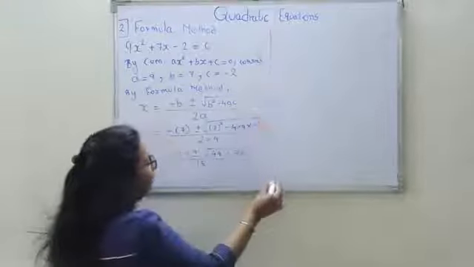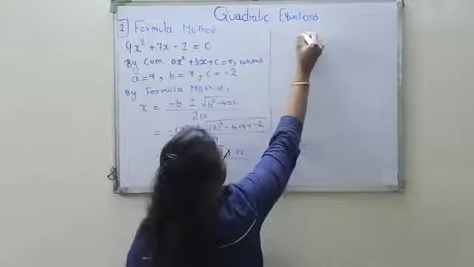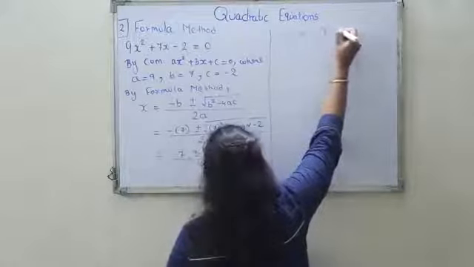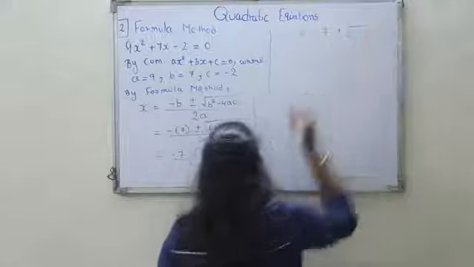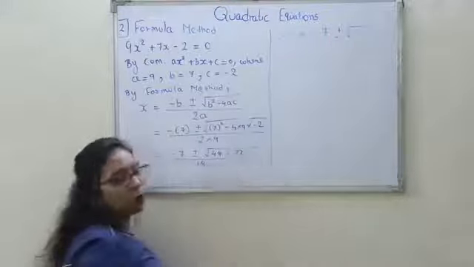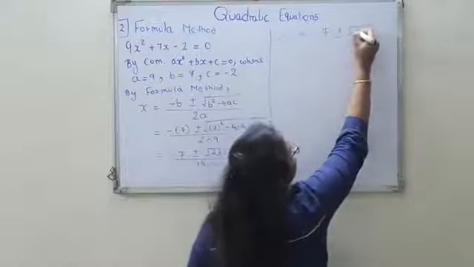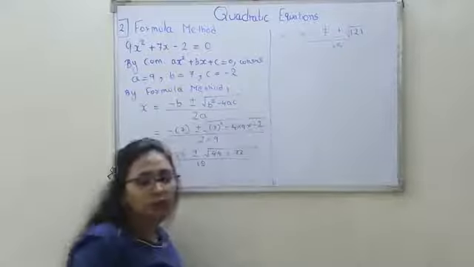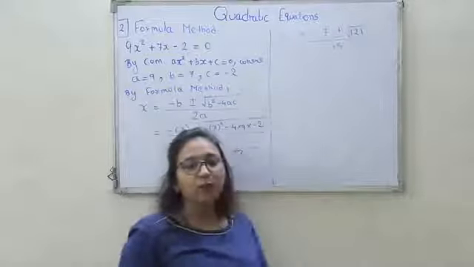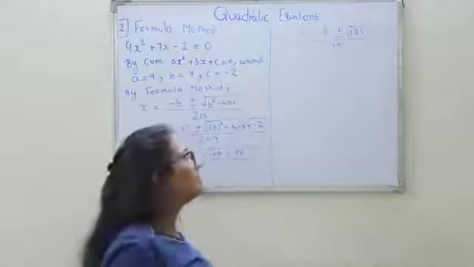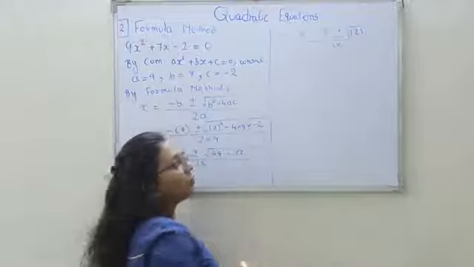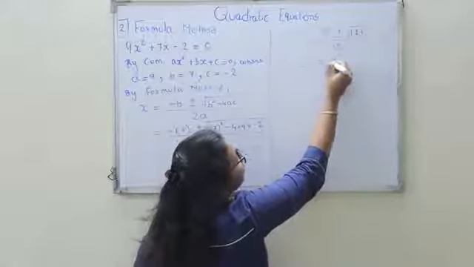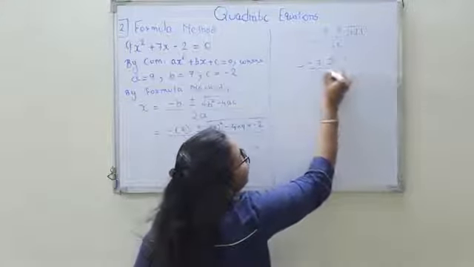Further simplifying, here x is equal to minus 7 plus minus, 49 plus 72 is nothing but 121, the whole upon 18. Now children, you know that the square root of 121 is 11. So minus 7 plus minus 11 upon 18.